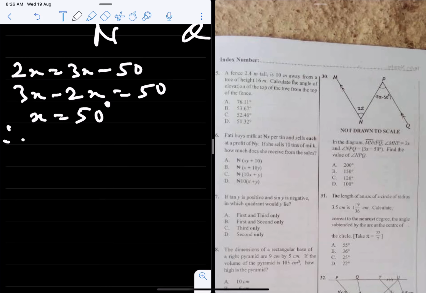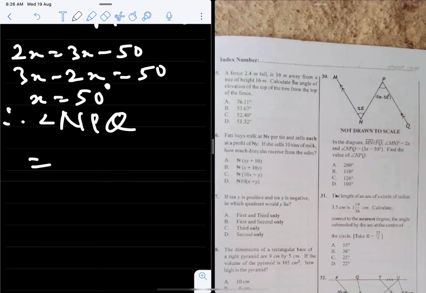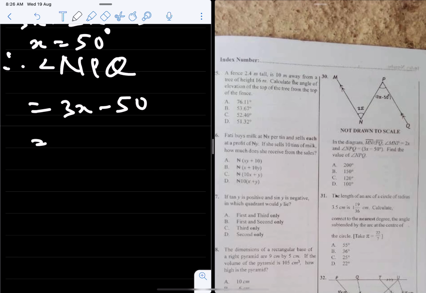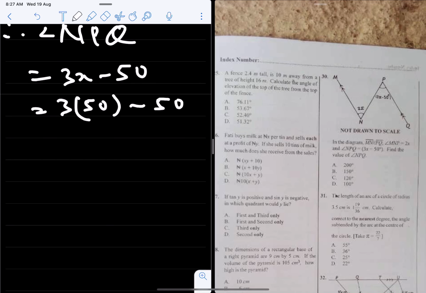Therefore, we have to find angle NPQ, which is equal to 3x minus 50, which is 3 times 50 minus 50, and that's 100 degrees. The correct option is D.